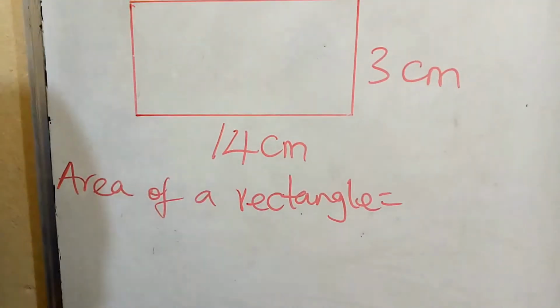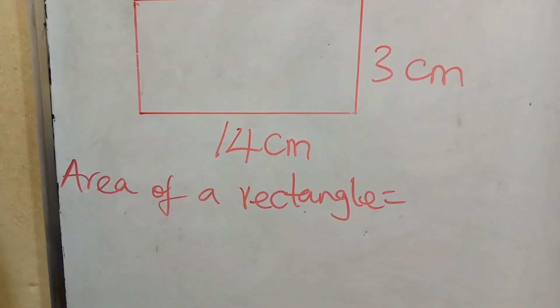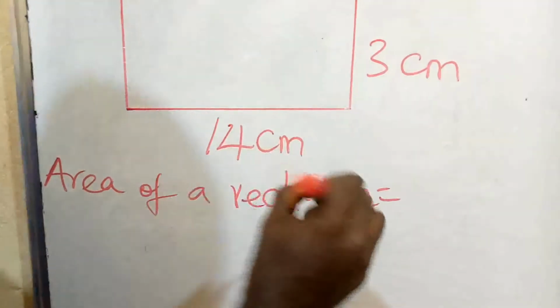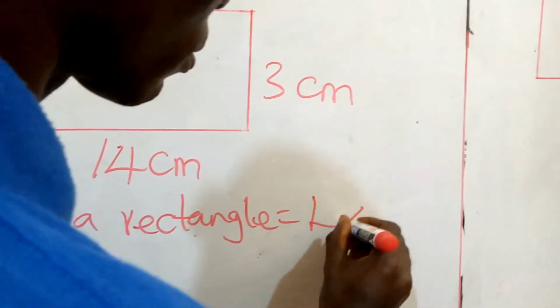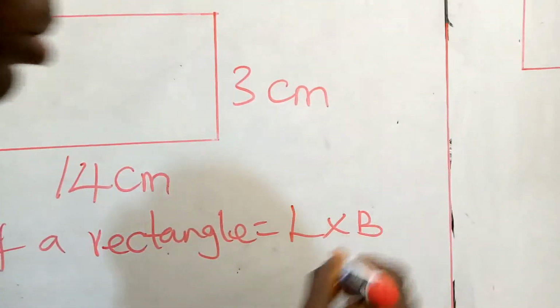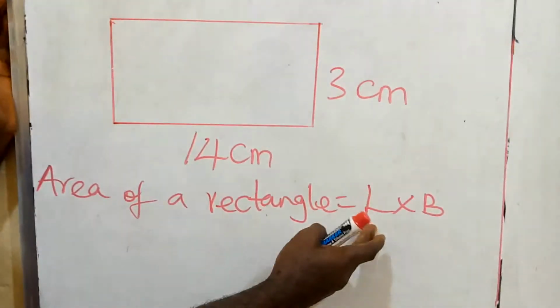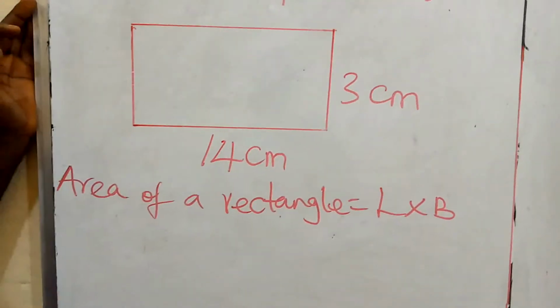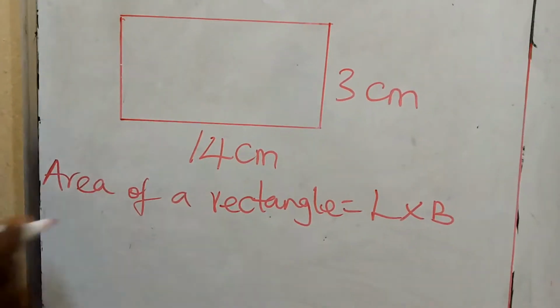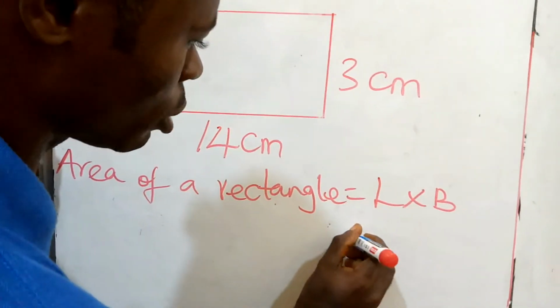The formula is length times breadth, that is L times B, where L stands for length and B stands for breadth.